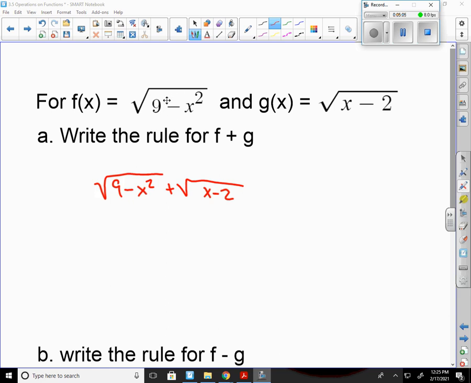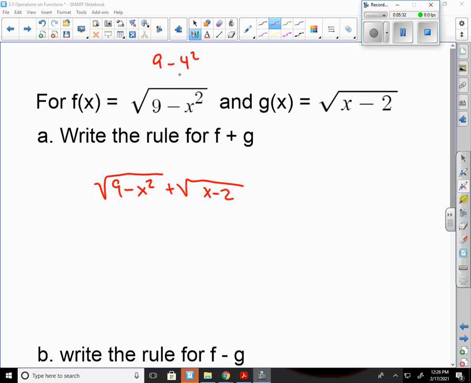Anytime I take the square root, it can't be less than 0, right? So I need to plug in numbers that would make this greater than or equal to 0. What's the highest number I could plug in for x? Well, let's say I plug in 4. 9 minus 4 squared.